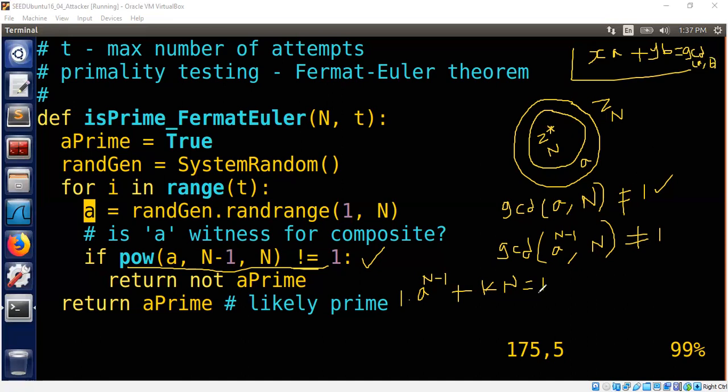Which means we know 1 is the smallest positive integer. That means GCD of a^(n-1) and n must be 1, which is a contradiction because we just proved earlier that GCD of a^(n-1) and n is not equal to 1. Therefore, this property will never fail if you pick an element a outside Z star n.